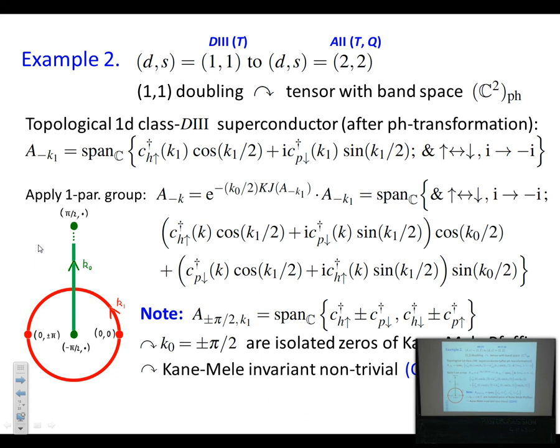You capture at least 1 in the various homotopy classes that you have. And it turns out that what you get is a particularly nice one. It is particularly symmetric. To have a non-trivial class, the Kane-Mele Pfaffian should have 2 zeros.